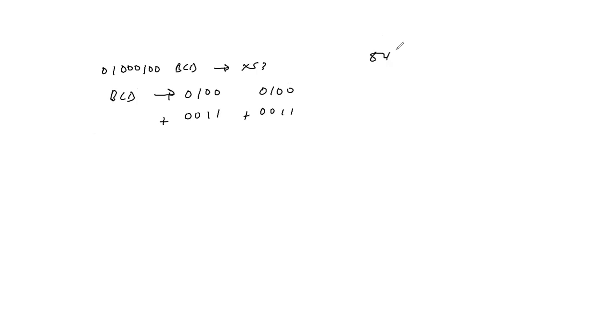We call 8421. So when these two bits are turned on and these are turned off, that's 0011, that's equal to 3, right? So we add this plus this is 1, this plus this is 1, this plus this is 1, then 0. So for the excess-3 code, we have 0111 0111.